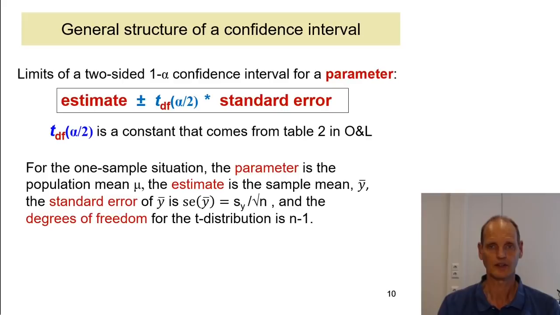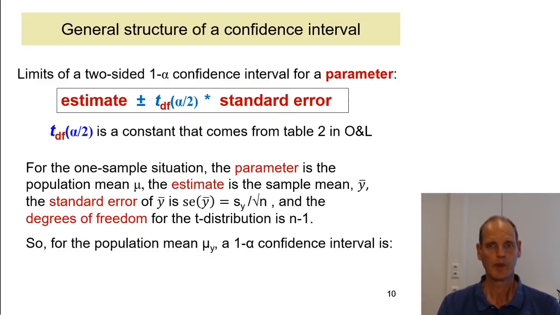The standard error of y bar is the standard deviation divided by square root n. It has also been discussed in the previous course, so we're not really going into that. You can find it in Ott and Longnecker. And the degrees of freedom for the t distribution that we need is n minus 1.